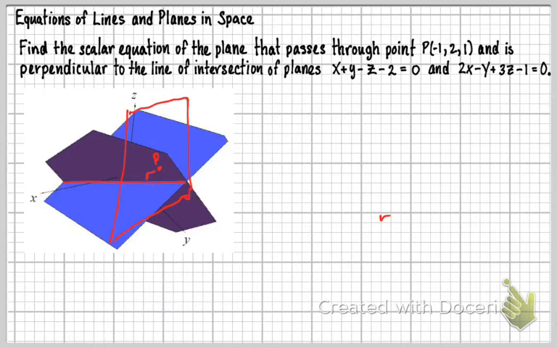Now, one thing we can say, if it's perpendicular to the line, then it would be perpendicular also to both of those planes. Hopefully that's okay with you. If not, get a hold of me.